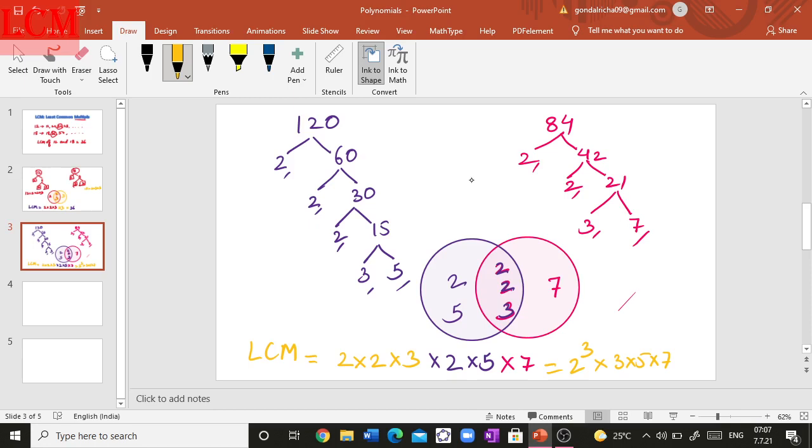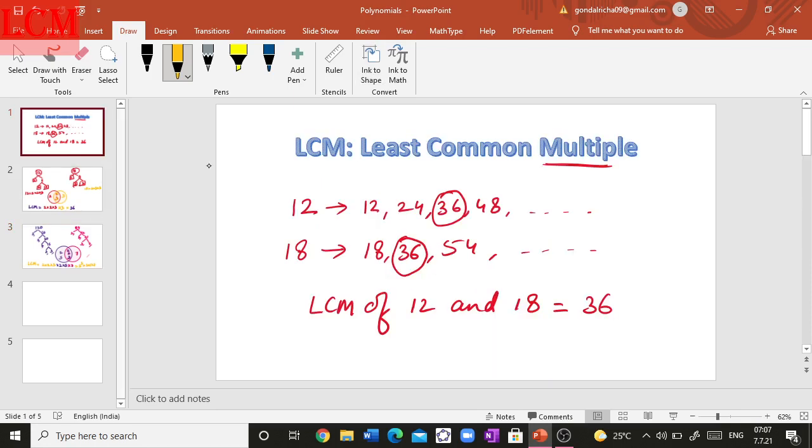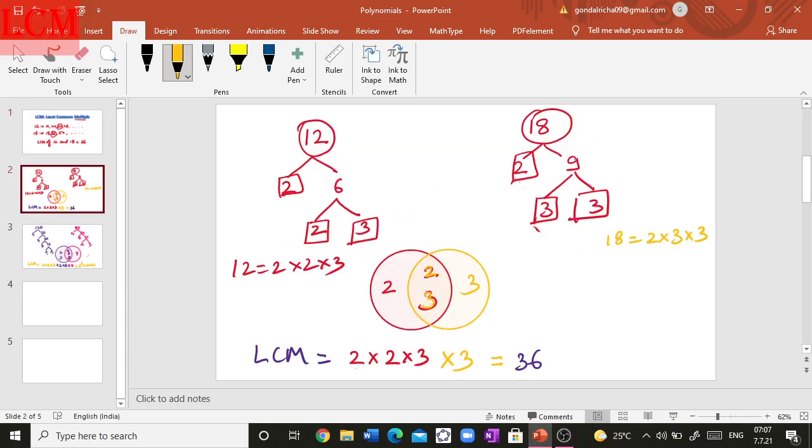So I hope this concept, these methods will be clear to you. The first method depicting the actual meaning of least common multiple, that is the common multiples. Among those common multiples, the least one is going to give you the LCM. And the second method is combining the common factors and the uncommon factors of each of the numbers.